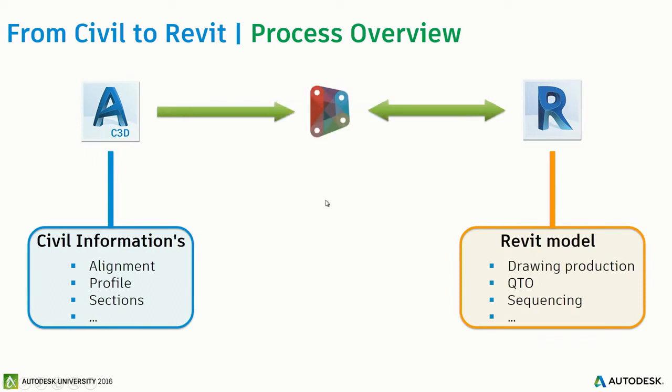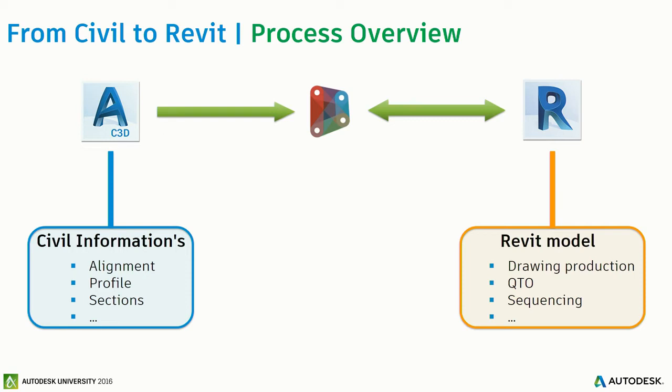The main question is how to convey the information from the civil authoring tools to the Revit tools. One answer could be Dynamo. So we will use Dynamo.